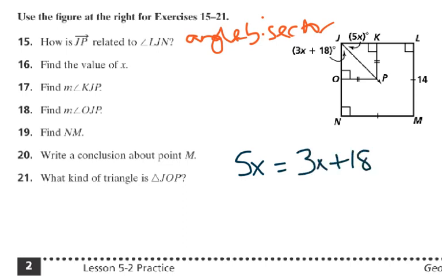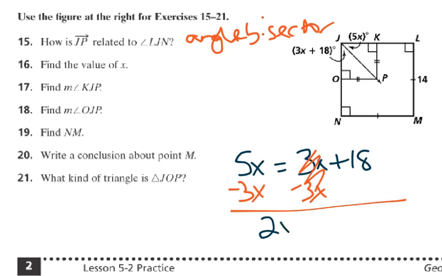And then, of course, we're just going to subtract 3x from both sides. And we get 2x equals 18, and then we divide by 2, and we get that x is 9. So that answers that question. Number 16's answer is 9. X is 9. But we then need to use that to figure out what each of the other angles are.